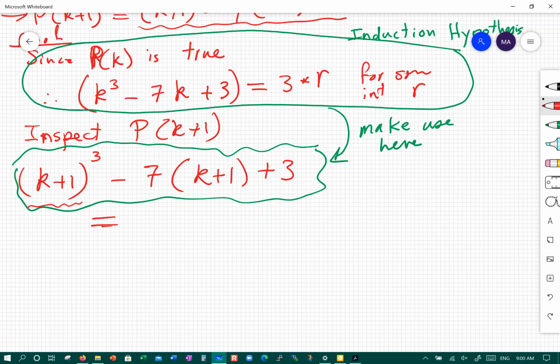I'm not going to do that step by step here, but this is algebra, and this results in the following value. Let me start on the right here: k cubed plus 3k squared plus 3k plus 1. This is the (k plus 1) cubed. You can verify that by algebraically multiplying k plus 1 by itself 3 times.